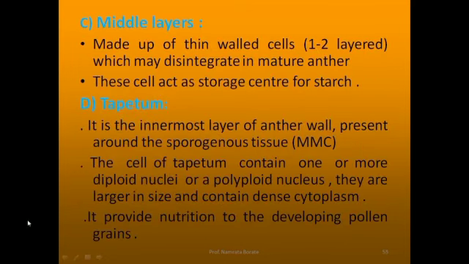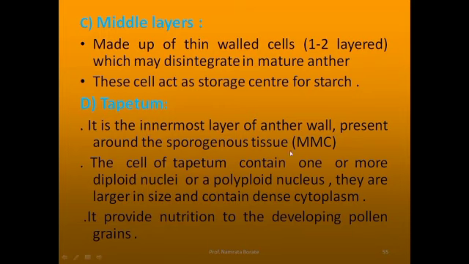The third one is the middle layer. Middle layer is made up of thin-walled cells which may disintegrate in the mature anther. These cells act as a storage center for starch. And the last one, tapetum. It is the innermost layer of the anther wall, present around the sporogenous tissue, that is the microspore mother cell.